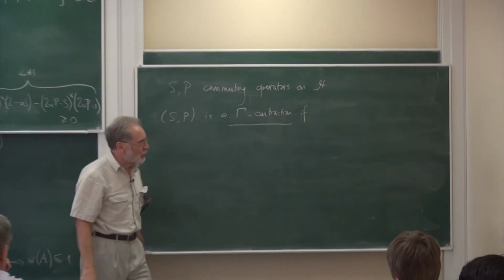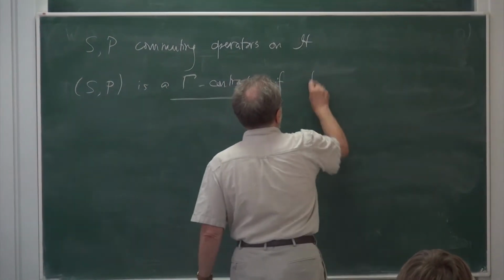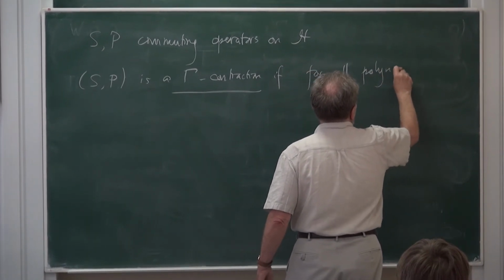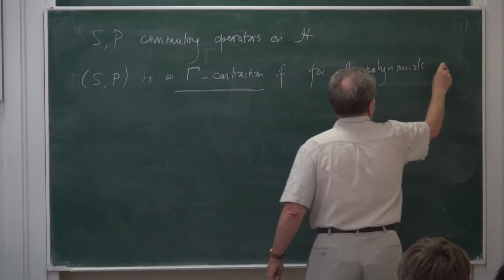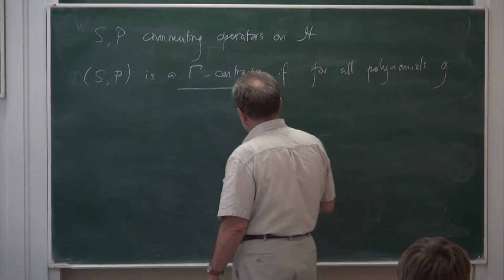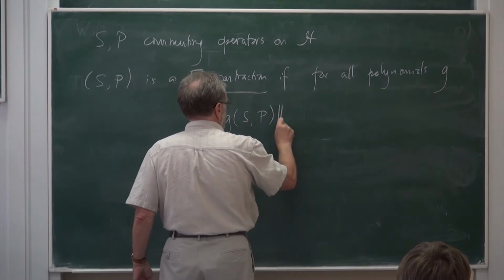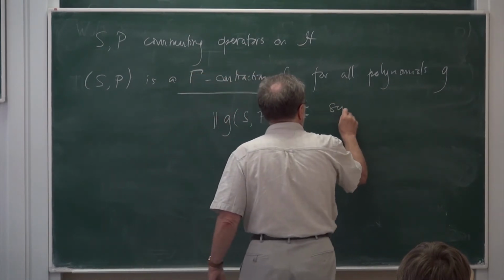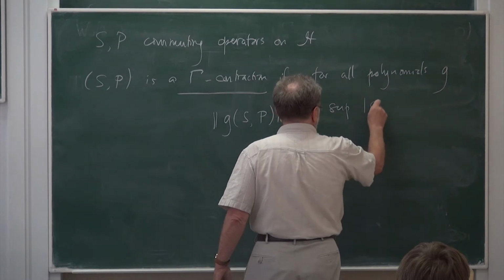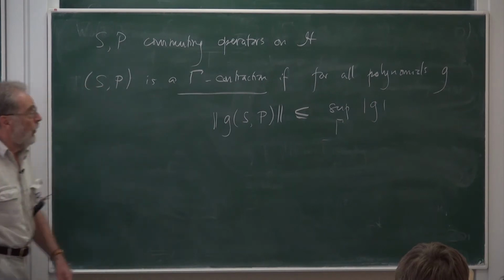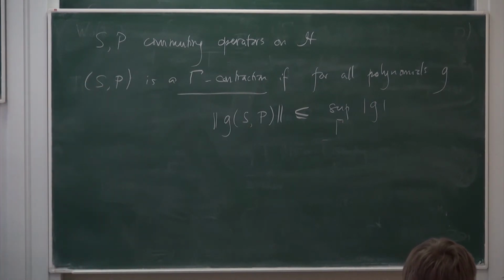It's defined to be a gamma contraction if for all polynomials G in 2 variables, the norm of G(S, P) is bounded by the supremum of the modulus of G on gamma. So that can also be expressed by saying that gamma is a spectral set for the pair S comma P.